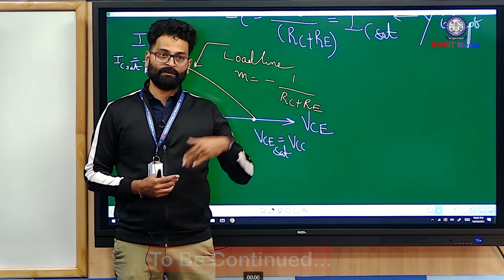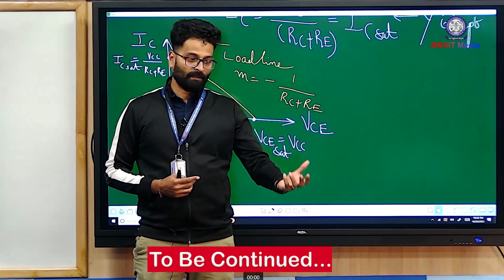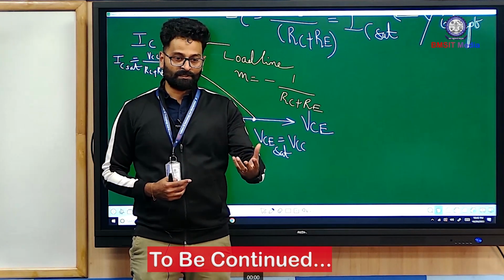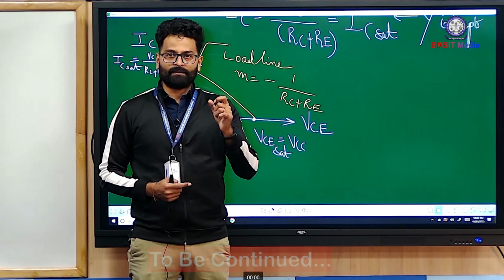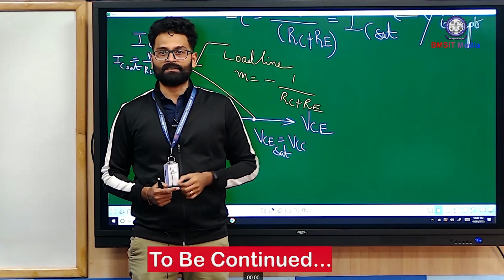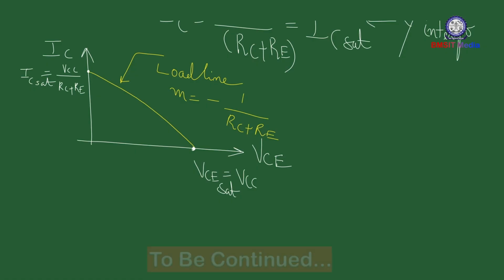Whatever may be the changes in the temperature or changes in the beta value, once the Q point is set, it hardly moves from its set location, and that is called improved bias stability. So this voltage divider bias offers excellent bias stability.